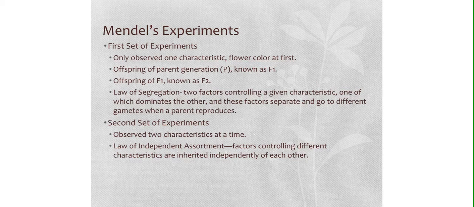For example, he crossed plants with yellow round seeds and plants with green wrinkled seeds. So what he looked at was dominant genes compared to all recessive genes. And if you don't know those words yet, I will explain that here in a second. And he wanted to see what was produced with the offspring.